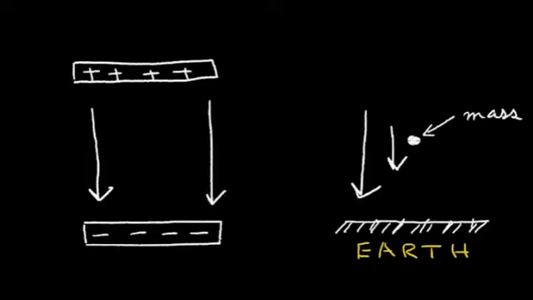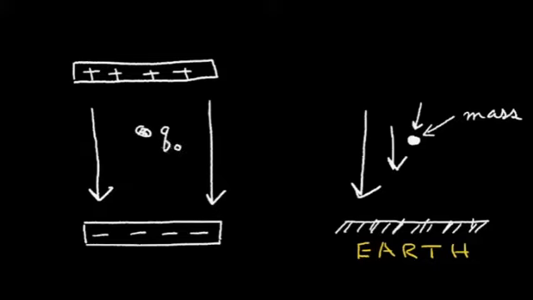Now, in the Earth's gravitational field, the force is exerted on a mass. But in the electric field, the force is exerted on a charge. And we'll call this charge Q sub 0.